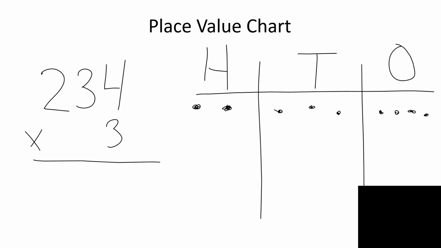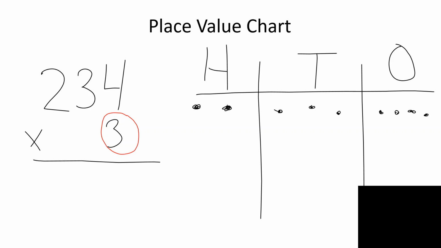So our first one is our place value chart, and we've been doing this since the very beginning of the year. So we already know how to set up our number 234 into our place value chart. 2 hundreds, 3 tens, 4 ones. Easy peasy. Okay, now the next thing that when we're multiplying, what we need to pay attention to is how many times we're going to put that 234 into our multiplication chart.